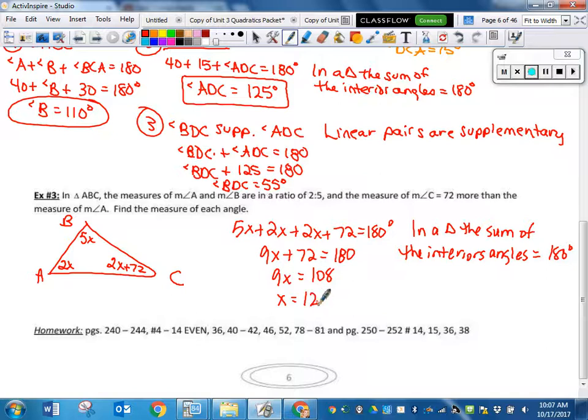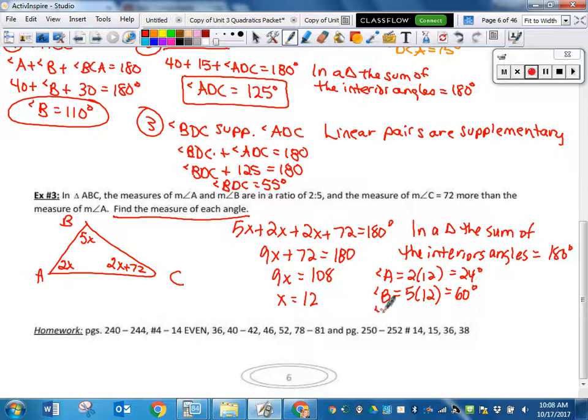And what do they want me to find? They don't want me to just find x, they want the measure of each angle. So angle A is equal to 2 times 12, or 24 degrees. Angle B is equal to 5 times 12, or 60 degrees.